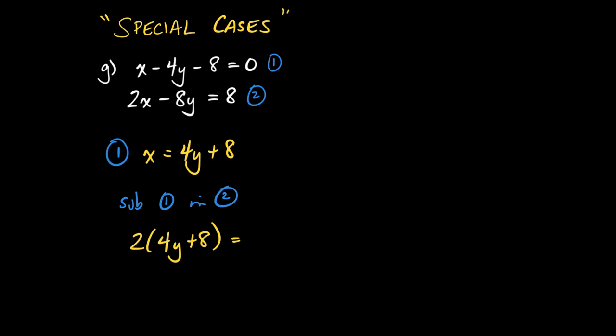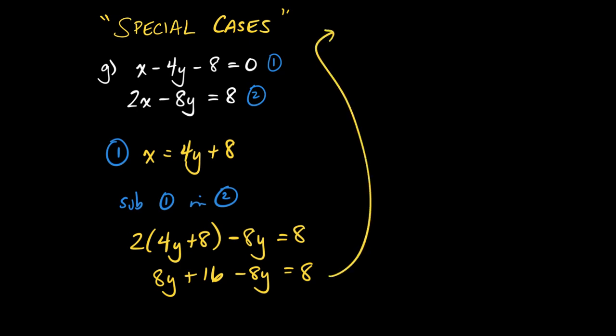I now need to subtract my 8y as I'm copying out the rest of equation 2. Now I can go ahead and expand my brackets. And if I put my variables together on one side, I notice I get 0 y's. Put my constants together on the other side, and I get negative 8.